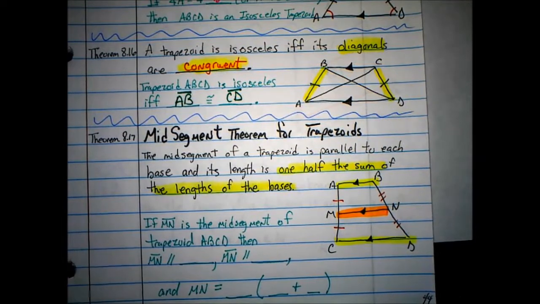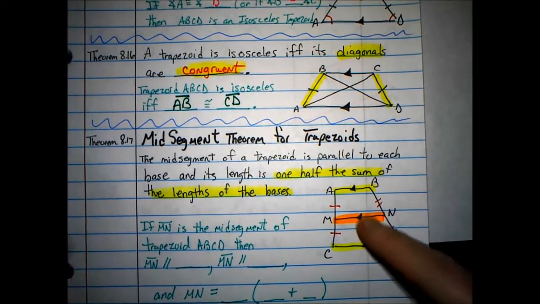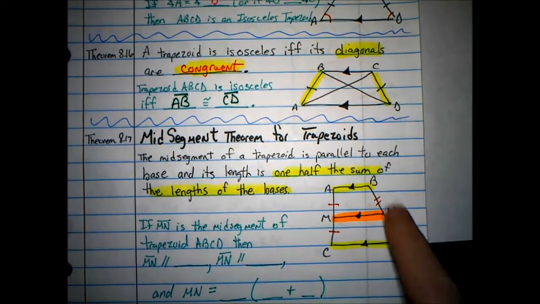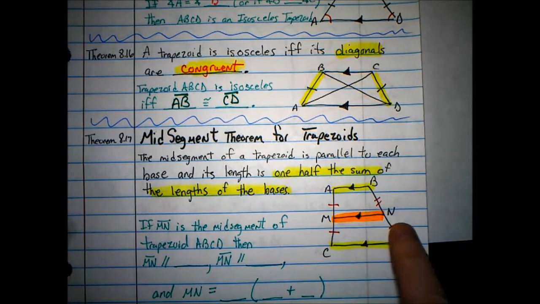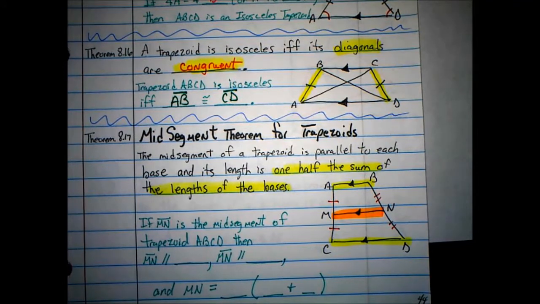Notice they are all parallel. Remember, midsegment means it cuts the sides exactly in half. In other words, M is the midpoint and N is the midpoint of those corresponding sides. Filling in the green here for the example, it says MN is the midsegment of the trapezoid ABCD.